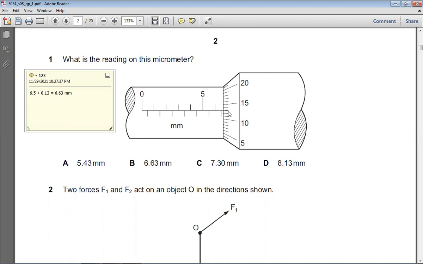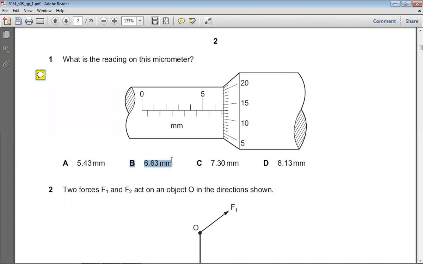This line is matching, so that is 13th. So 6.5 plus 0.13, you just add them, and that will give you 6.63 millimeter. So the reading is 6.63 millimeter.